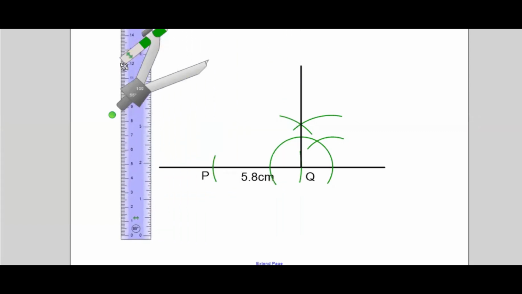Now, from here to here is 90 degrees. From this place to this place is 60. That means the gap here is 30. We had an additional 15. If you bisect this gap, we can have 15 that will add to this 90 here to form angle PQR being 105 degrees.